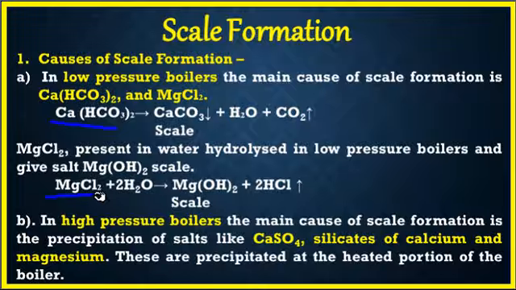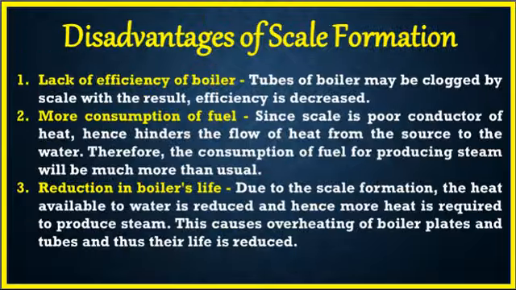And scale is formed of which salts? Calcium carbonate and magnesium hydroxide in the low pressure boiler, while in the high pressure boiler the scale forming salts are calcium sulfate and silicates of calcium and magnesium. So these are the causes of scale formation.